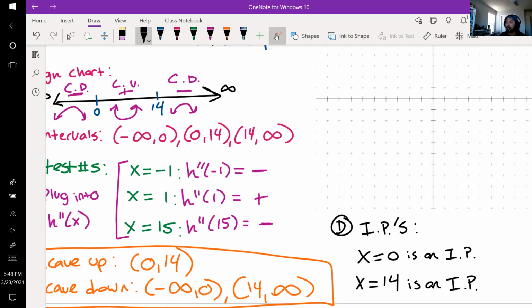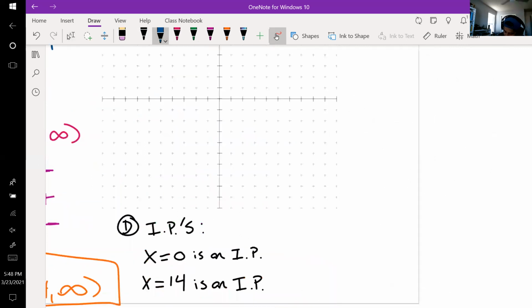So now that these are inflection points, we have to find the point of inflection. So like he said, you must take these and plug them into the original function, into h of x.